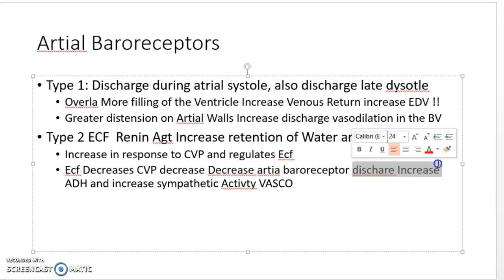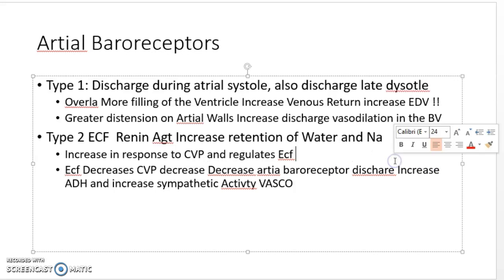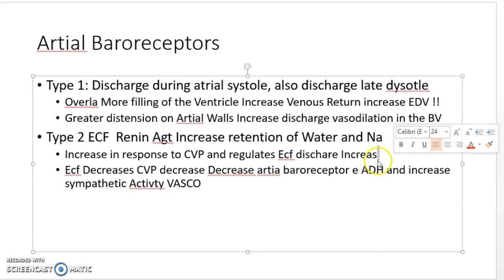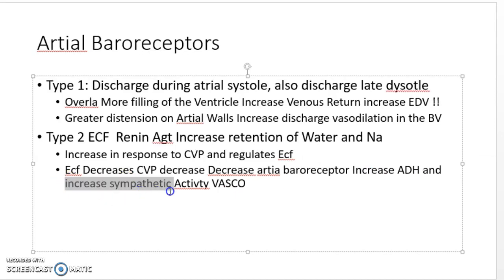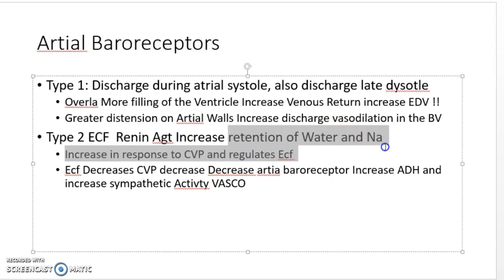This causes an increase in ADH. ADH is vasopressin, which, with sympathetic activity, causes an increase in the renin-angiotensin system, which causes retention of water and sodium, and also causes vasoconstriction to restore end-systolic volume.